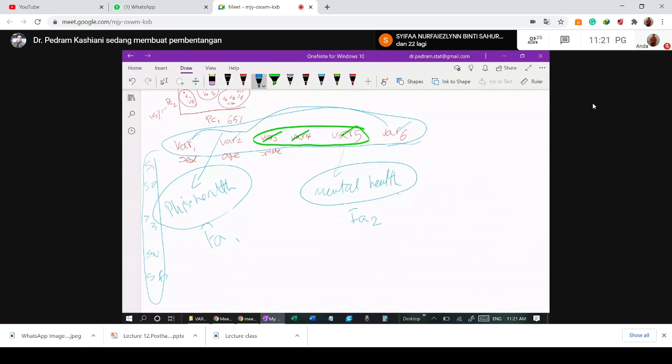Again, this factor 1, for example, is 60% of total variation. Factor 2 is maybe 30% of total variation. If you have a lot of other things here, variable 7 until variable 20, maybe they go to factor 3, factor 4, factor 5, for example.